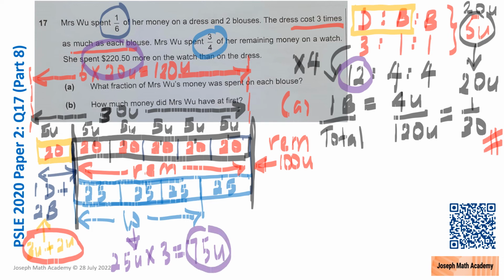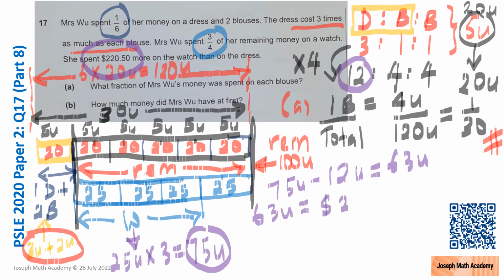Now to find the difference between them, 75 units subtract 12 units. That gives us 63 units. And what is 63 units? 63 units is the information in the question, $220.50.